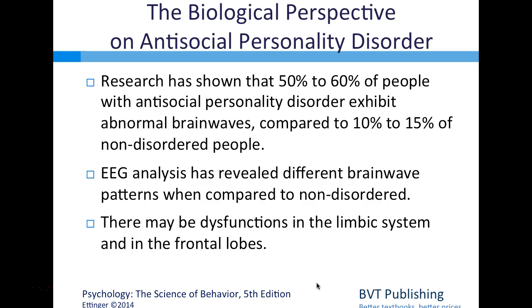Also important to remember that, especially recently in the DSM-5, this is on a spectrum, okay? So oftentimes when we think of antisocial personality disorder, we're thinking of a serial killer. That's not the only way that this can manifest.